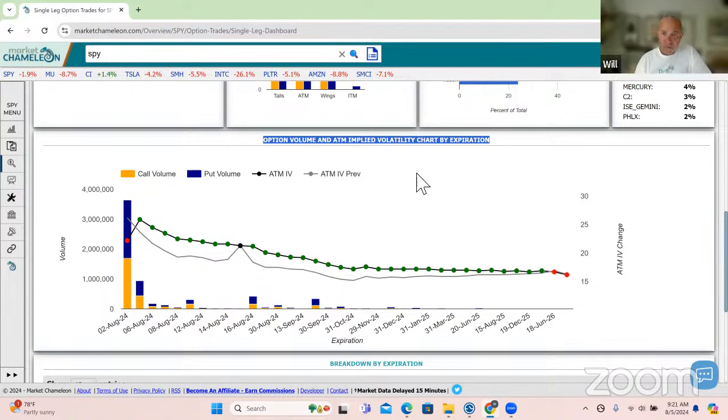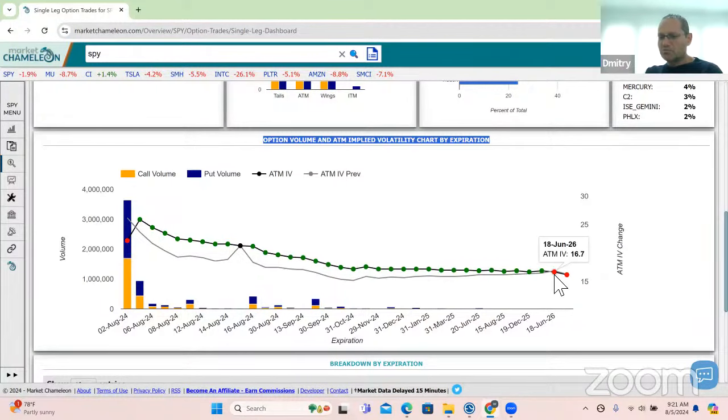Okay. The green dots represent that the implied volatility is up from the previous day. The red dot represents that the implied volatility came in from the previous day. We put that in there just to indicate which way the implied volatility went.